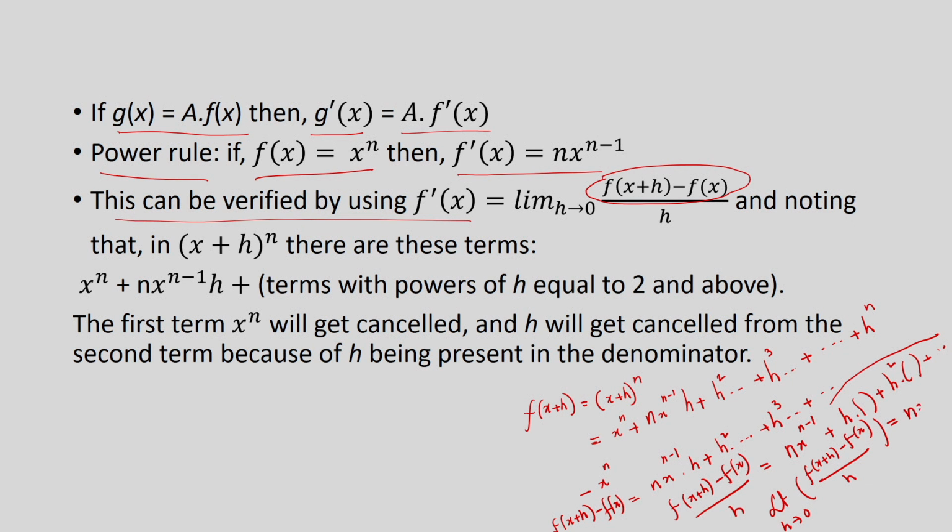So, you are left with only n multiplied by x to the power n minus 1. So, that is the final result: if you take the derivative of x to the power n, then what you get is n multiplied by x to the power n minus 1.